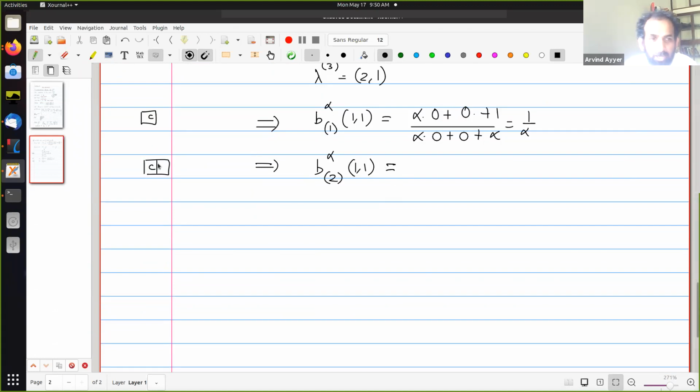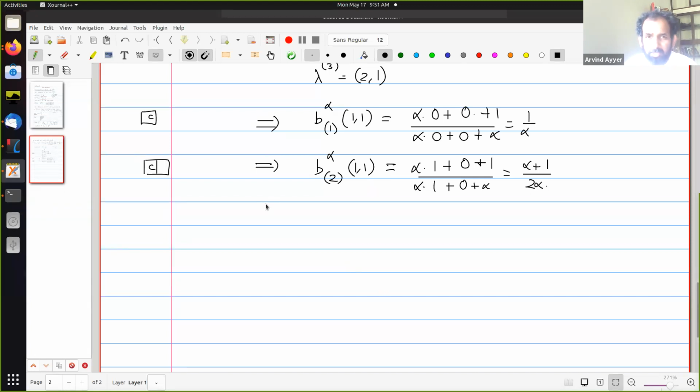Okay, so now B2, the partition 2, 1, 1 is this cell in this partition. Now the arm length is 1, leg length is still 0. So the only thing that changes is this 0 becomes a 1: alpha times 1 plus 0 plus 1 divided by alpha times 1 plus 0 plus alpha. So what is that? That is alpha plus 1 divided by 2 alpha.